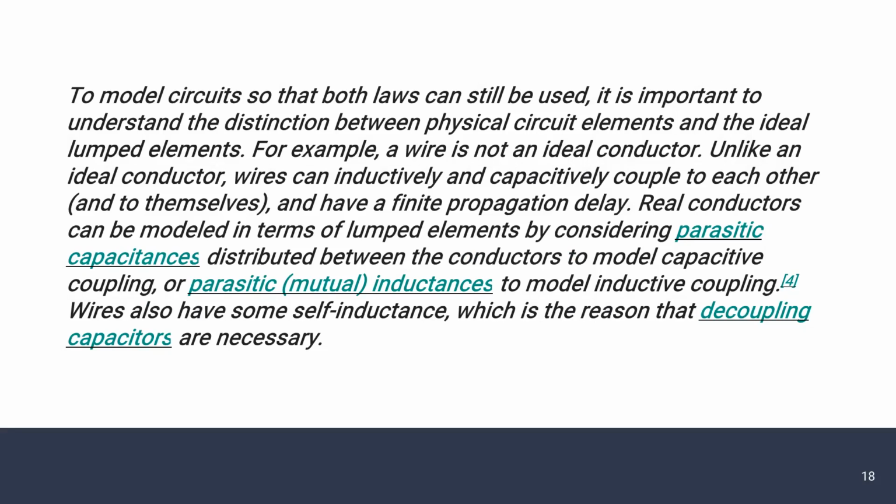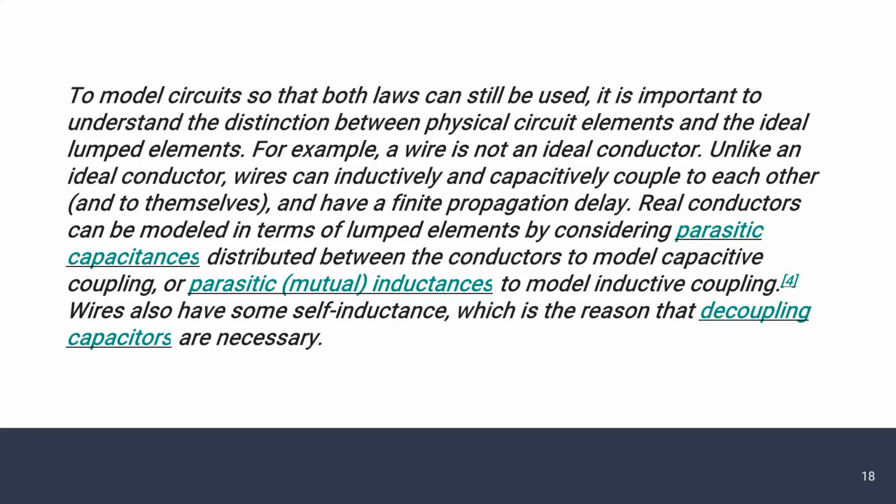Unlike an ideal conductor, wires can be considered to be capacitively coupled to each other and to themselves, and have finite propagation delay. Real conductors can be modeled in terms of lumped elements by considering parasitic capacitance between the conductors to model capacitive couplings, or mutual inductance to model inductive coupling.